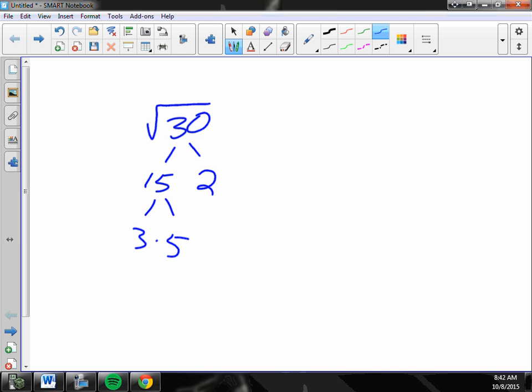It's like saying simplify 2/5. 2 over 5 is already simplified. It can't go any further. So it's 3 times 5 times 2, but I don't have any pairs. So that one is actually simplified. It doesn't go any further. Does that make sense? Okay.